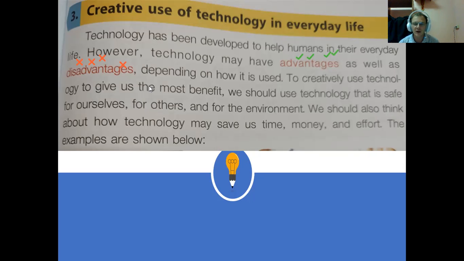Now, before we look at the examples, let's quickly think of a few ways that technology can save us time. So the one thing I would say is what you want to save: time, money, and effort.